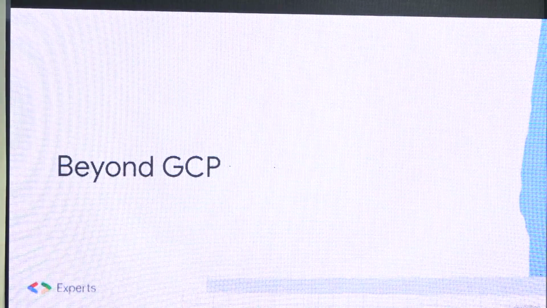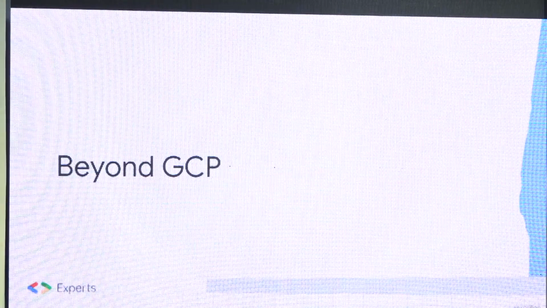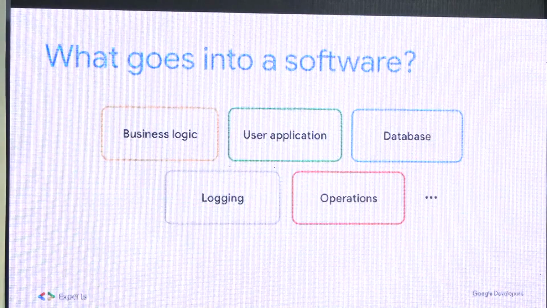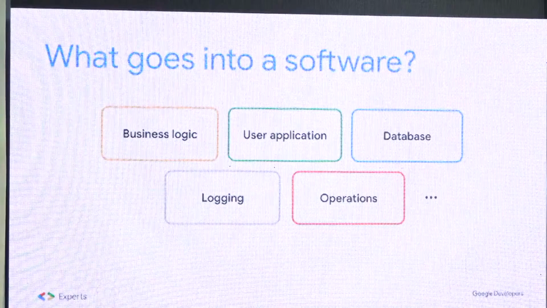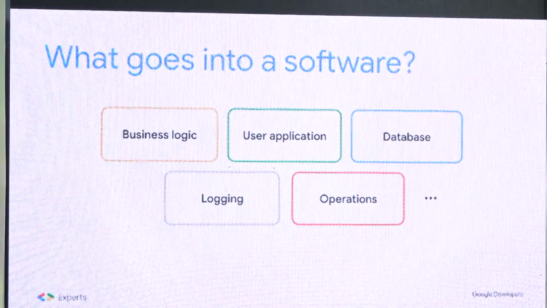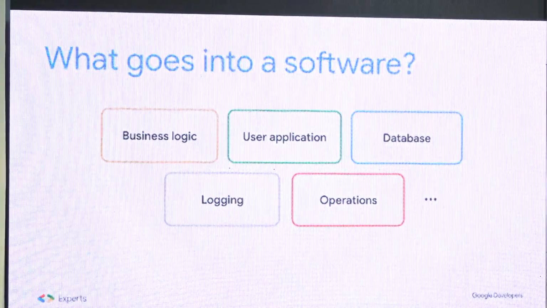And beyond GCP, right? It does not feel right if I do not go to the other parts as well, because when you are building software, there are actually multiple things which come in, right? There's the business logic, application, database, logging, operations. While GCP has a lot of these for you in terms of serverless, there are a few things which are missing.